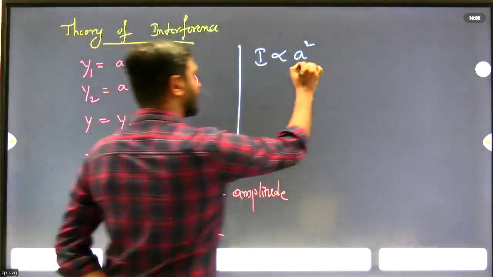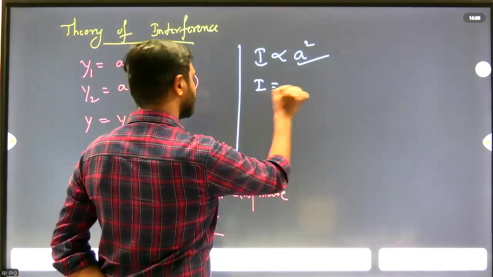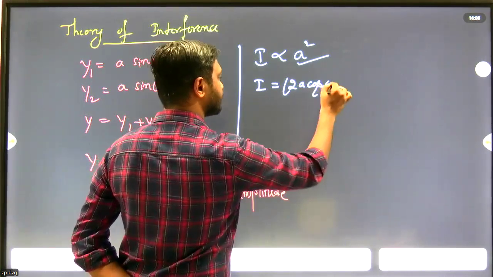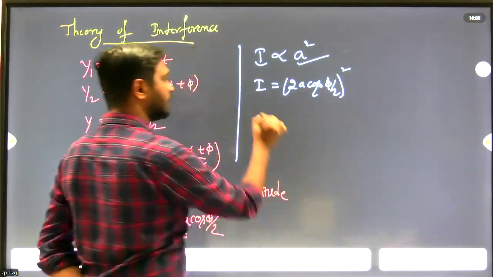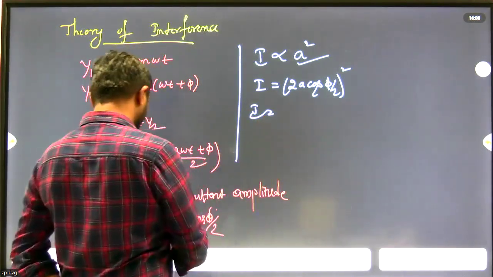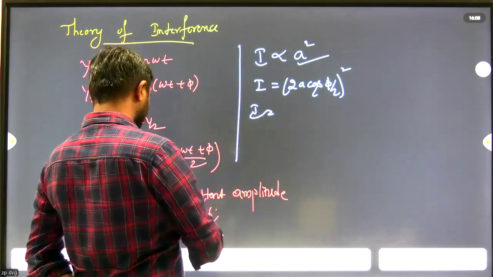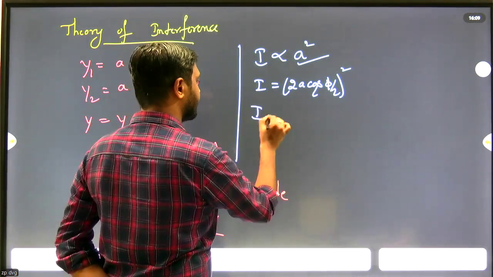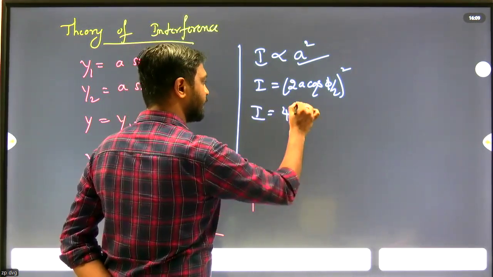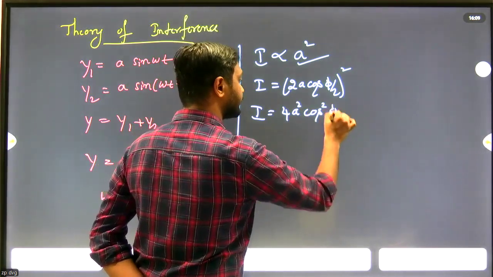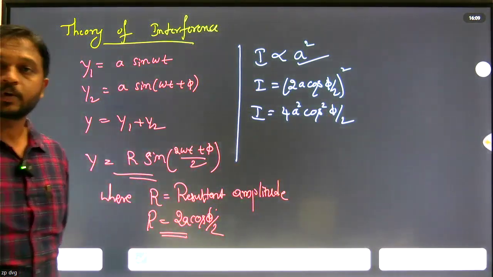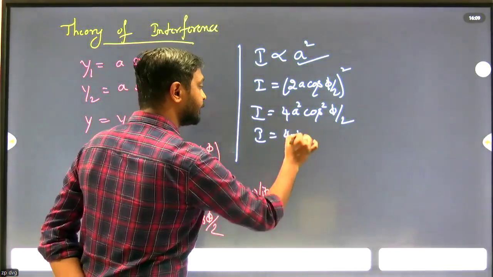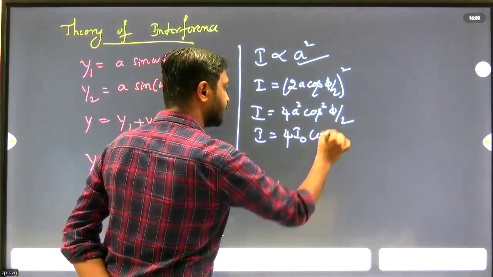The most important formula: I equals 2a cos phi by 2 whole square. Then I equals 4a square cos square phi by 2, which can be written as I equals 4 I naught cos square phi by 2.